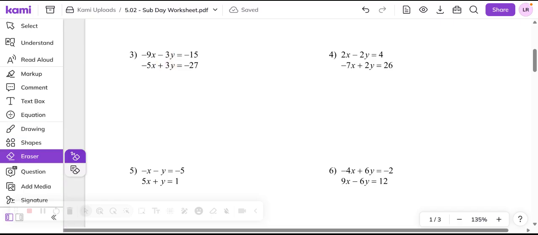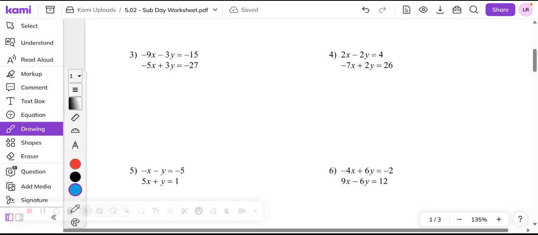So for this problem, I'm going to add the equations together. Negative 9x plus 5x is negative 14x. Negative 3y plus 3y is 0. Negative 15 plus negative 27 is negative 42.